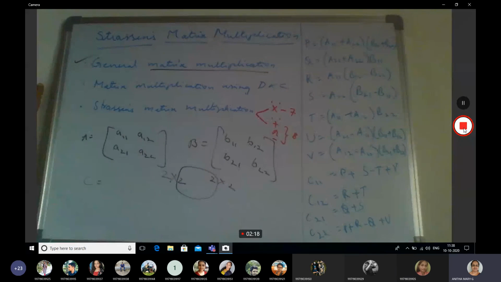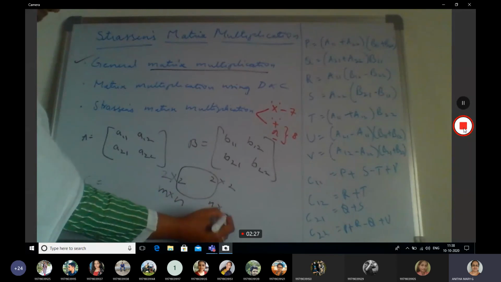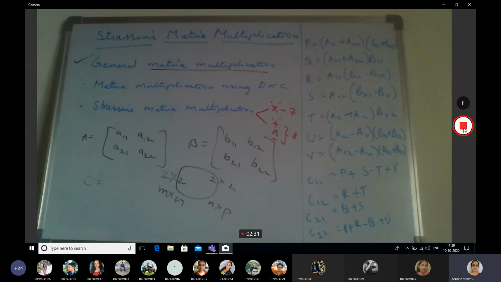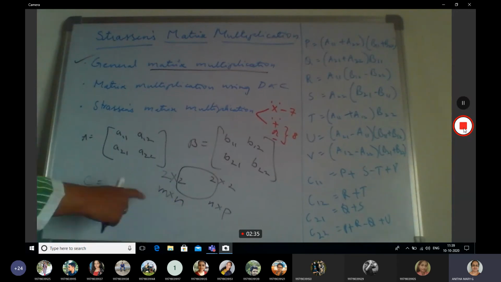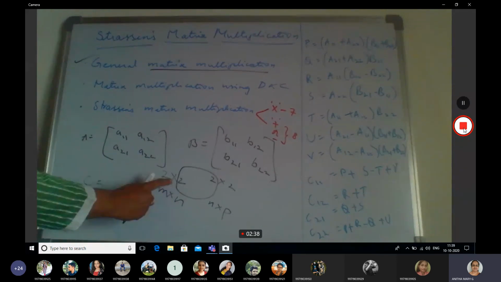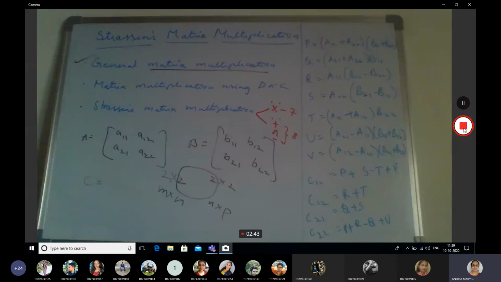So matrix multiplication can be done only when you have m into n and n into p. So these two should be same. These are rows and these are columns. So the number of columns in the first matrix should be equal to the number of rows in the second matrix.